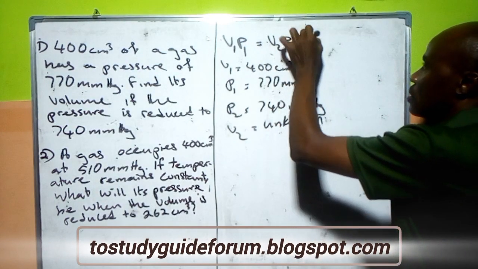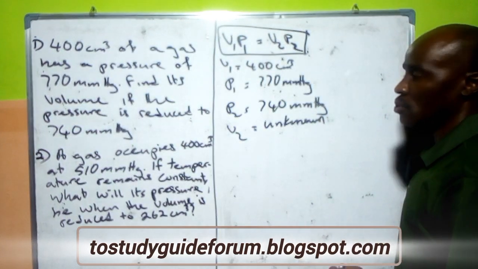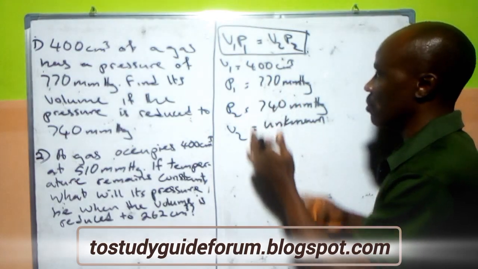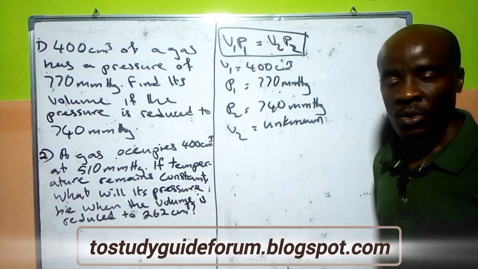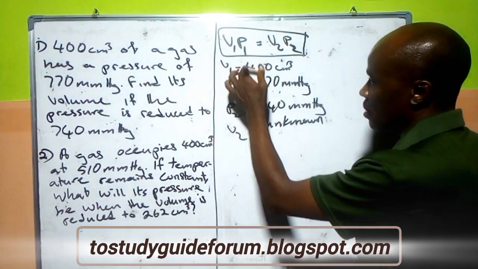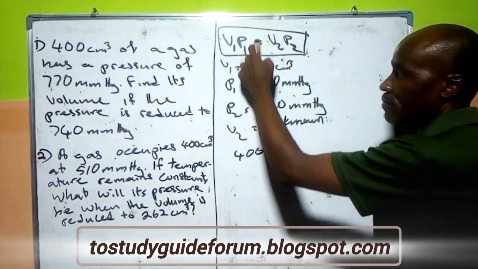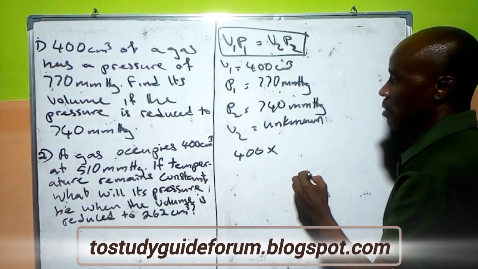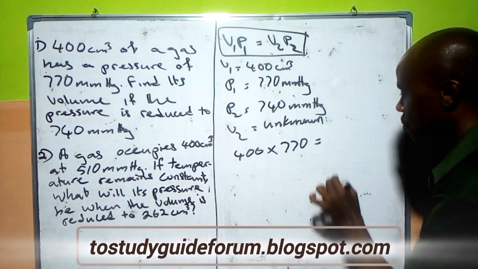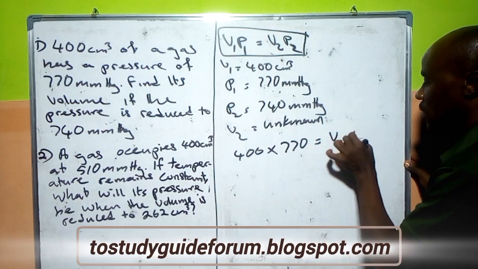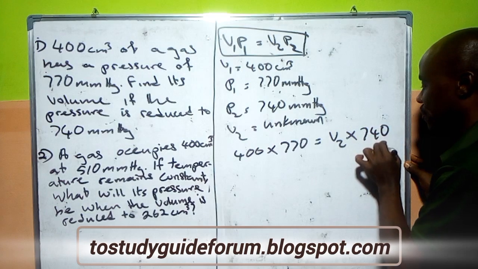So with this formula we have here, what we are going to do now is substitute everything we have in order to get the V2. The V1 here is 400, and then we have our P1, which is 770, is equal to V2 times our P2, which is 740.